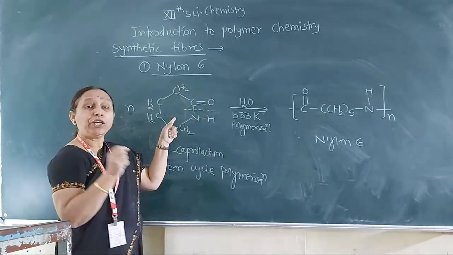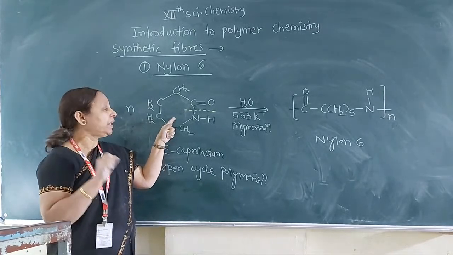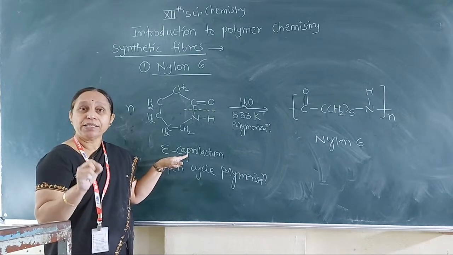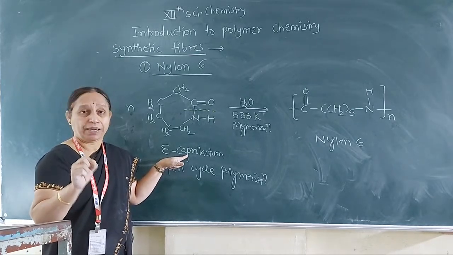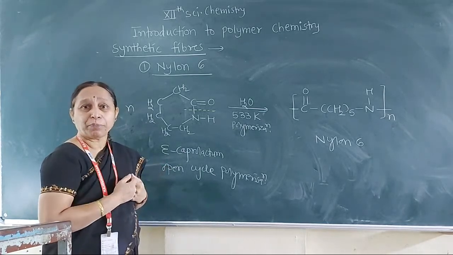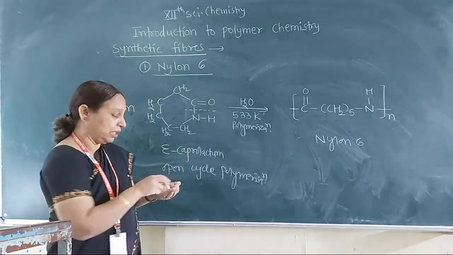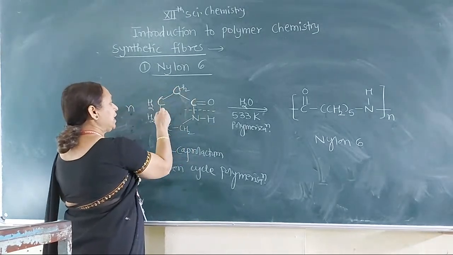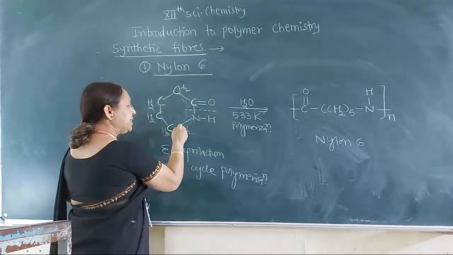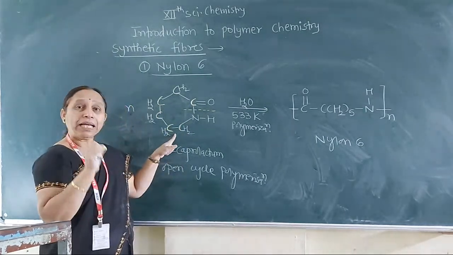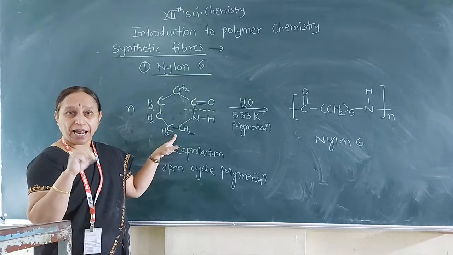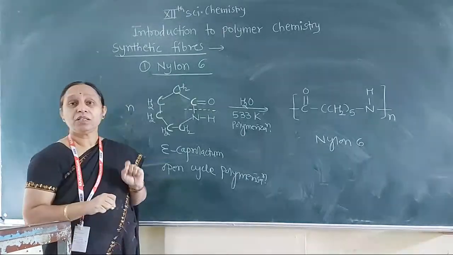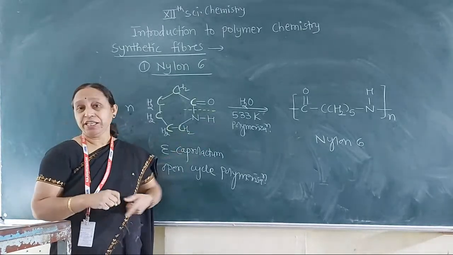As the repeating unit of this polymer is epsilon caprolactam, and it contains a total of 6 carbon atoms. Let us count all the carbon atoms in this raw material. This is the first carbon, 1, 2, 3, 4, 5 and 6. As the raw material contains 6 carbon atoms, the name is given as nylon 6. So, preparation is very simple.